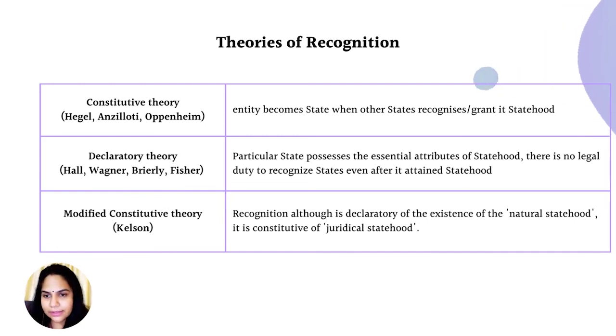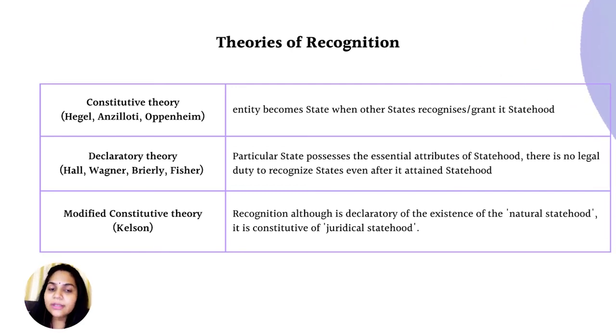Now, according to Kelsen, statehood may be distinguished into natural statehood and juridical statehood, right? So this is what he conveyed. Now let us understand what natural statehood and juridical statehood are. Natural statehood exists in a state from the moment it comes into possession of the essential elements of statehood, right?